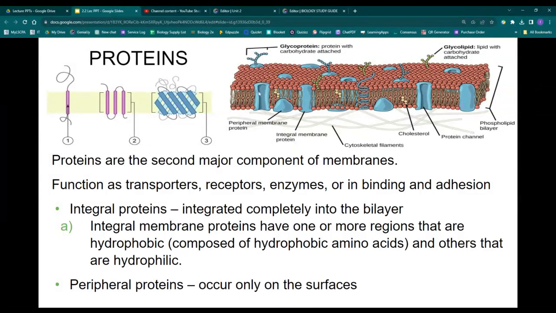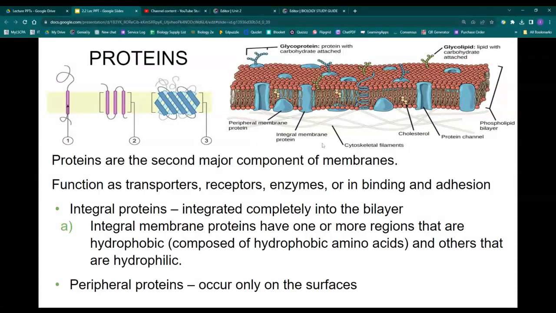They're able to do this because they are hydrophobic, or a region of them is hydrophobic, which causes them to sit in between the phospholipids because they are trying to get away from the water on either side. And the outsides are going to be made of amino acids, which are hydrophilic. So the outside of it can touch the water, but the inside does not want to touch anything aqueous, so it sits in between the phospholipids.